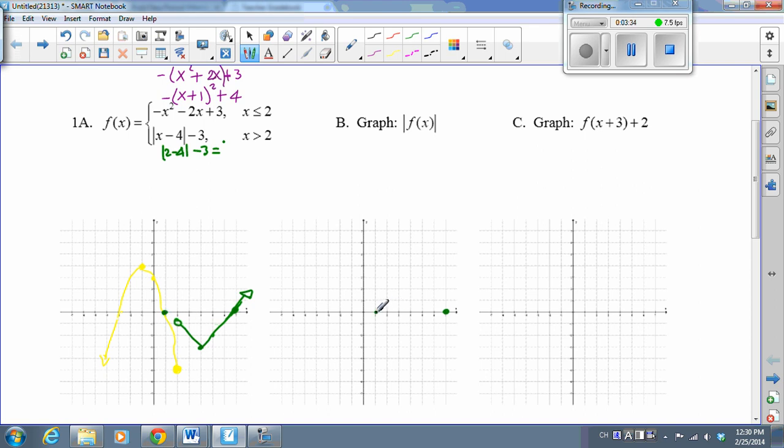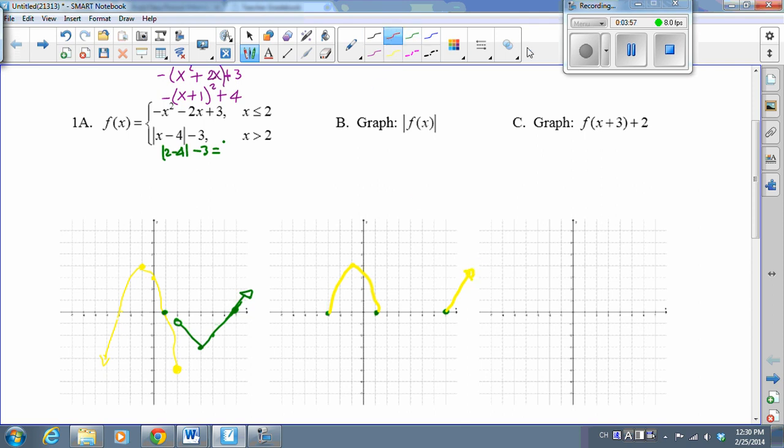So I'll put a point there. I'm just selecting all the points that will not move after the reflection. Anything that was located above will remain above, meaning this point was there. This portion of the parabola will remain the same. And this portion of the graph will remain the same.